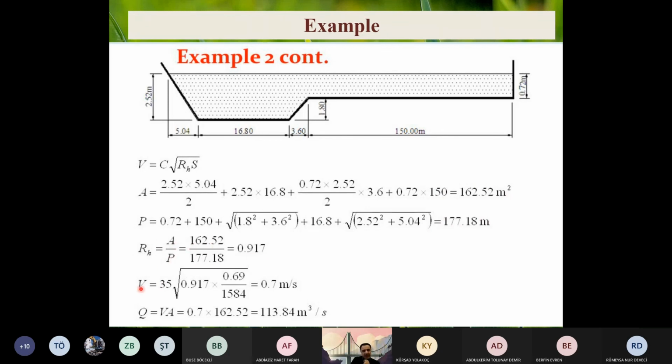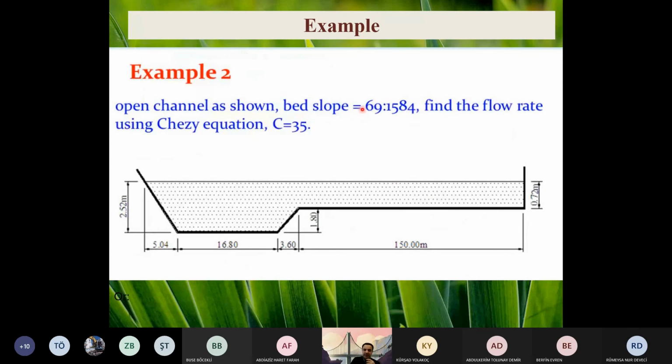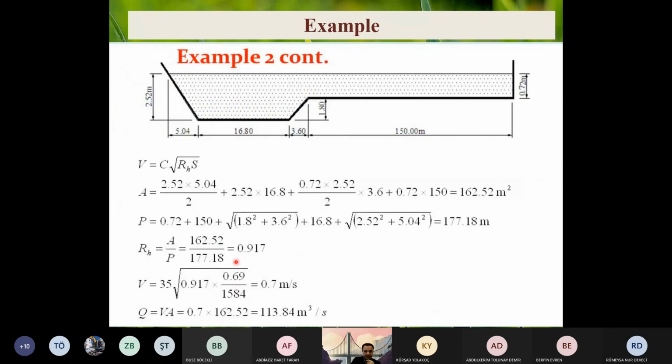You have area, you have wetted perimeter, therefore the hydraulic radius can be easily calculated, A over P. And velocity equals what? C already given, square root of R, the hydraulic radius, times S. S, what is S? You can easily get the slope by dividing these values together. Let's see, 69 over 1,584.